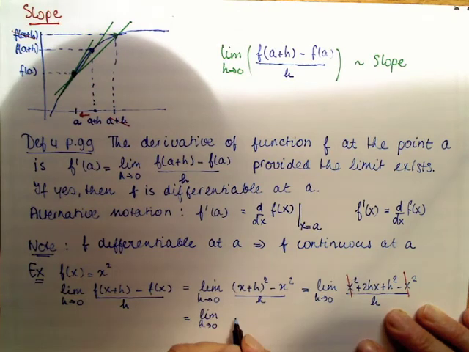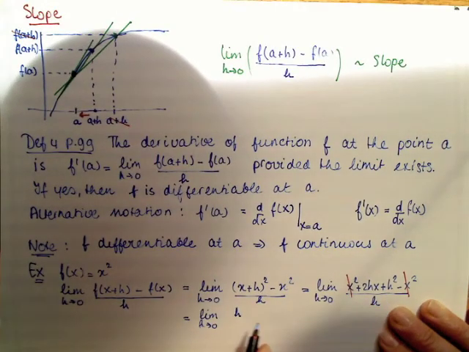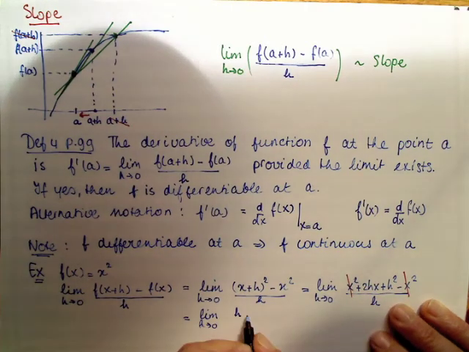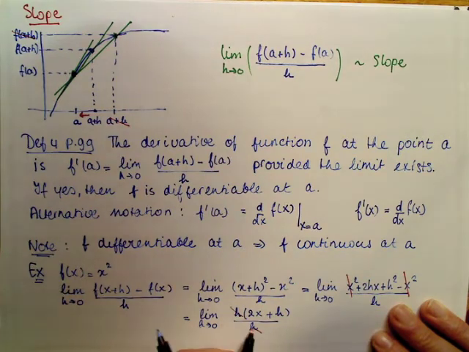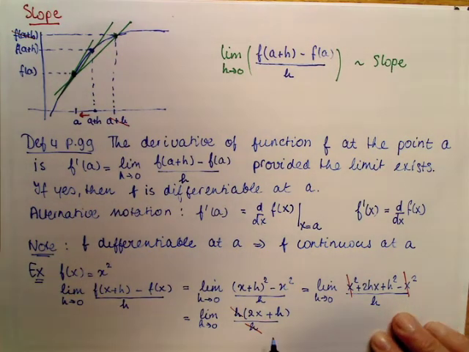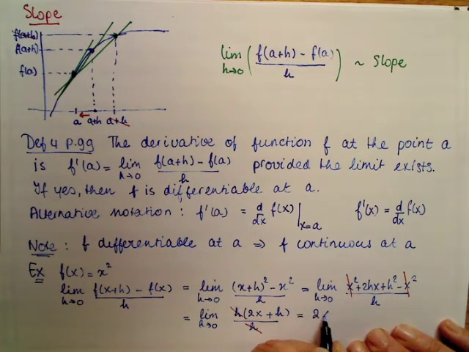We have this common factor h in the denominator and the numerator, so if we take out h in the numerator, we are left with 2x plus h, divided by h. So it makes it a little bit more clear what happens. Now we send h to 0. What we are left with is, by sending h to 0 in the expression 2x plus h, h becomes smaller and smaller, so we can just plug in the limiting value 0 and we are left with 2x.